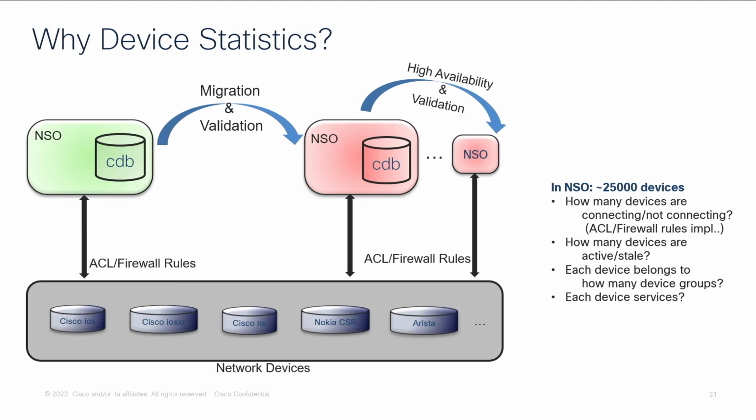So we should know how many devices are connected, how many are not. How many devices are actively used and how many are stale devices. Each device belongs to how many groups, how many services for each device. A lot of information we need to identify and validate. For that reason, we need device statistics.